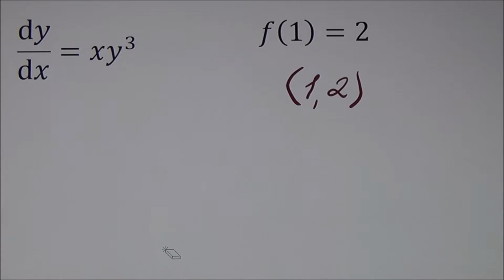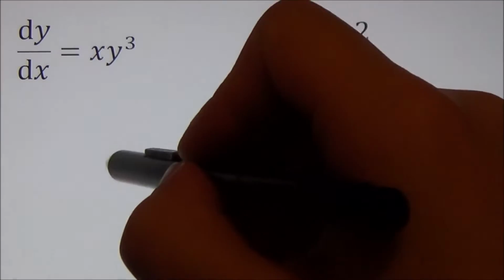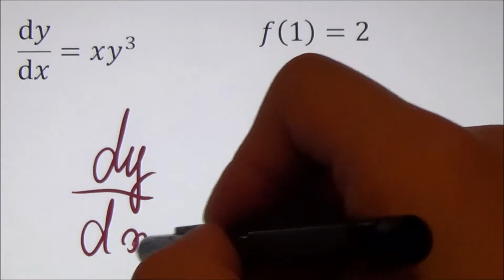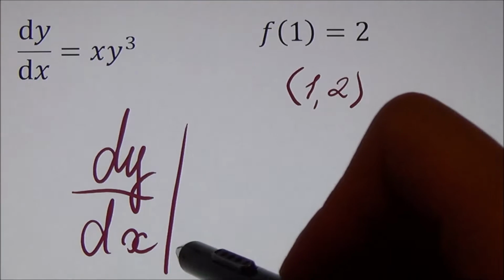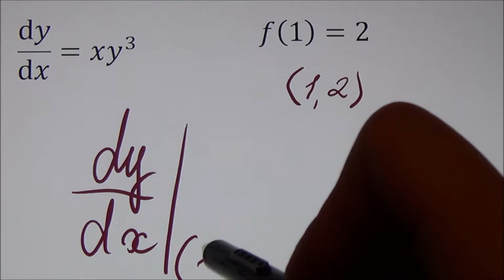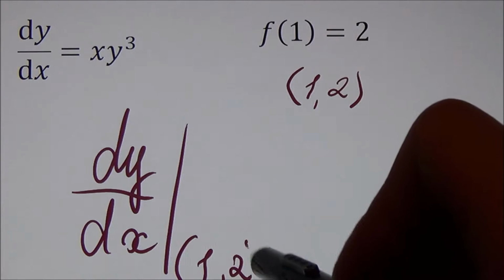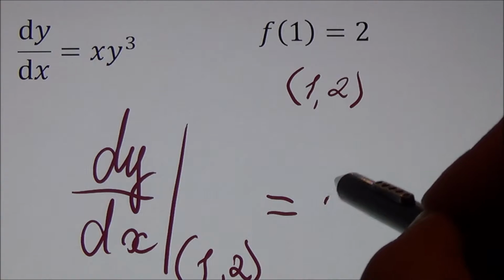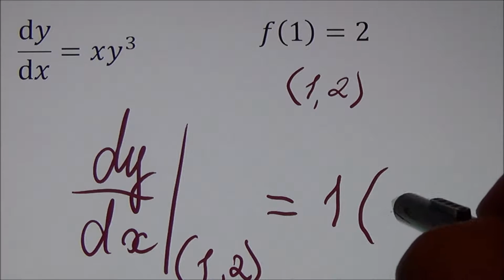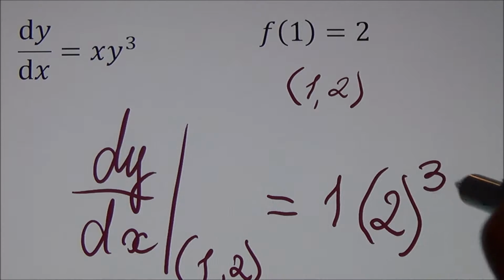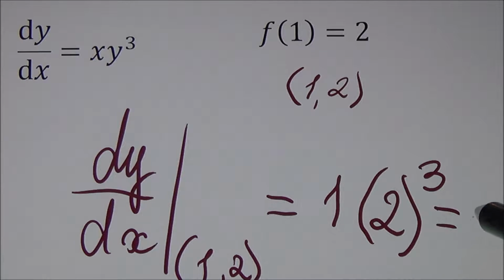So let's plug it into the slope equation, dy/dx at x = 1, which is the point (1, 2). We plug in 1 for x times the y value, and y is cubed, which is going to equal 8. And this is our slope.